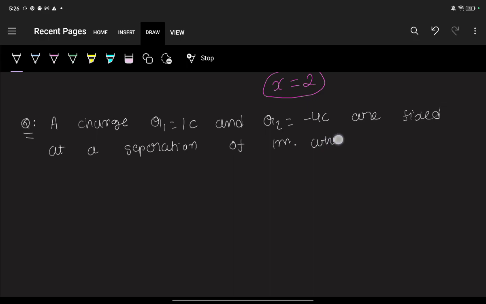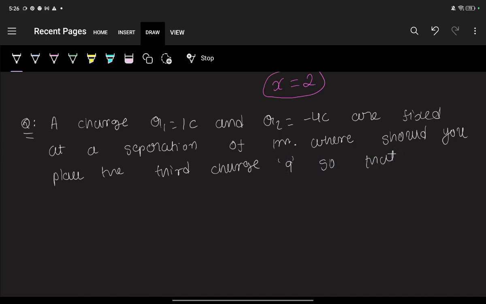Where should you place the third charge, small q, so that the entire system is in equilibrium? Write it down, do this question in homework.